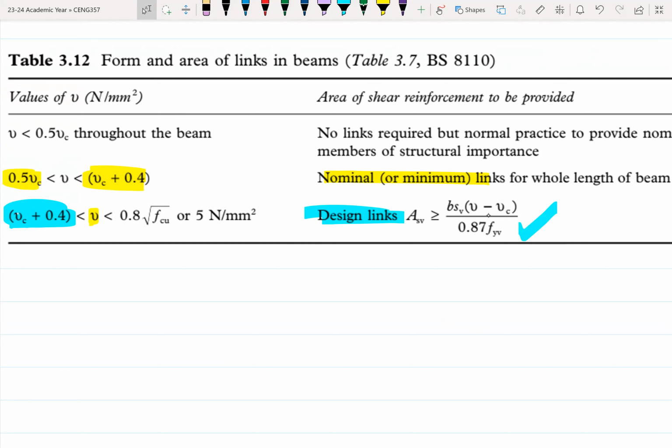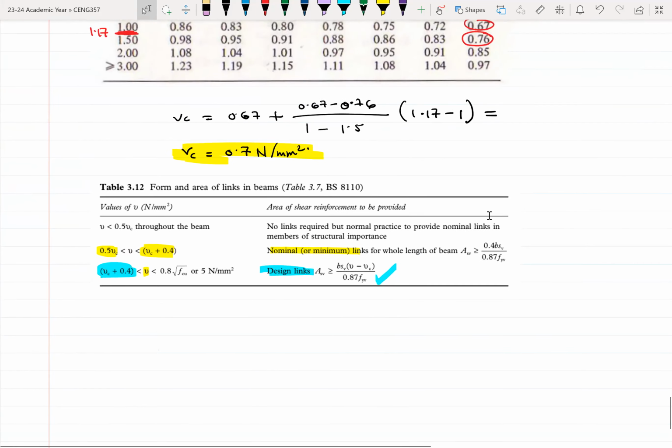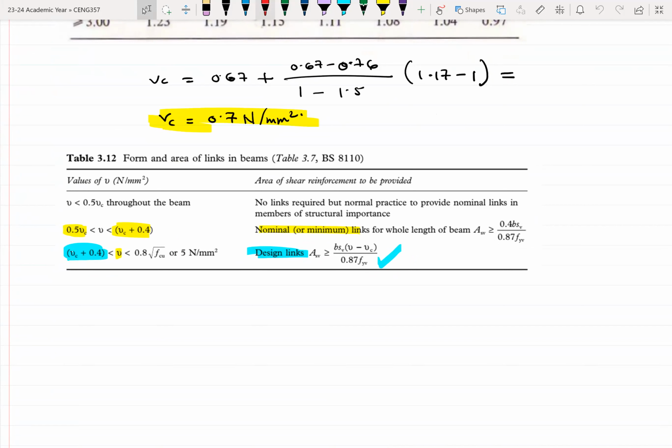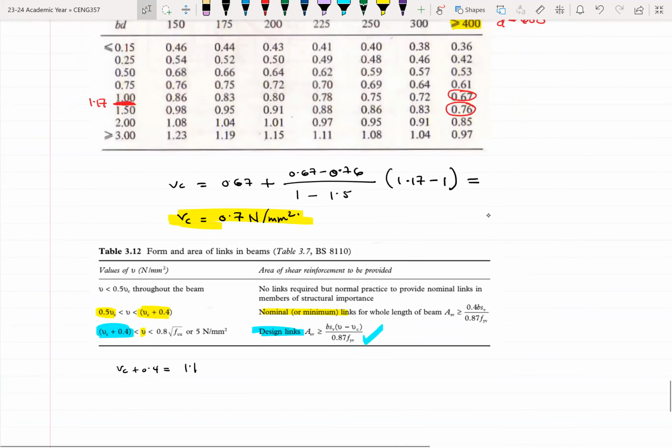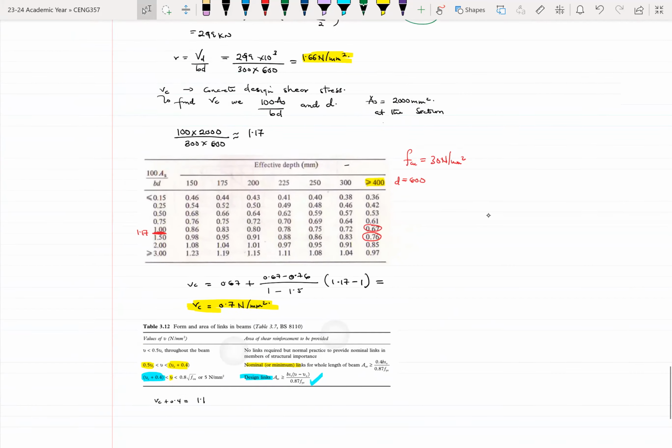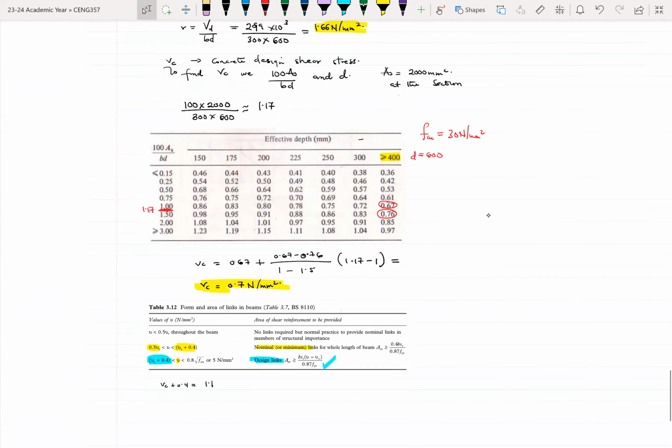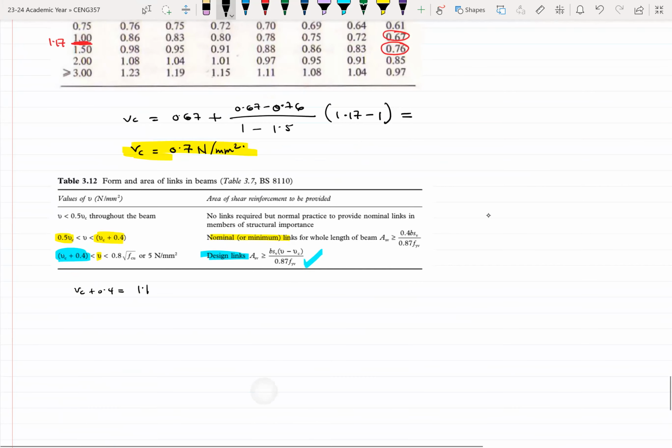Okay. So let's check and see whether we'll fall in that range or not. So our VC is 0.7. So VC plus 0.4 will give us 1.1. Okay. And what do we get for V? Our V is 1.66. So V is 1.66, which means that V is more than VC plus 0.4.